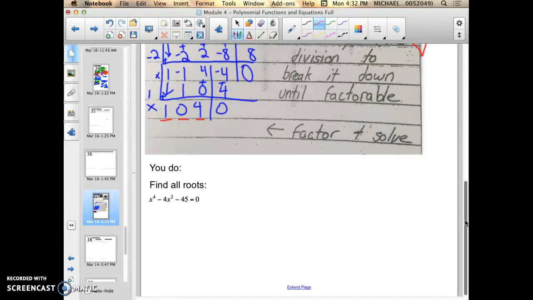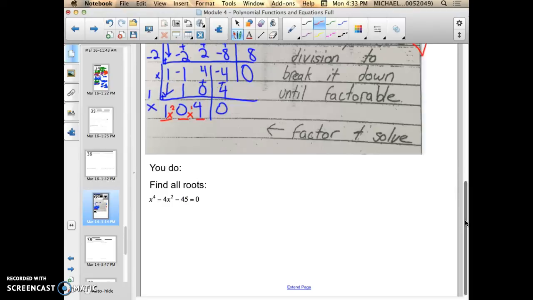So we've synthetically divided twice, so 4 minus 2 is now x squared instead of x to the 4th. And I just add in my x's sequentially down to the lowest power of 1. In this case, I only had to add 1. And if you notice, it's 0x to the 1, so my linear x term doesn't exist.